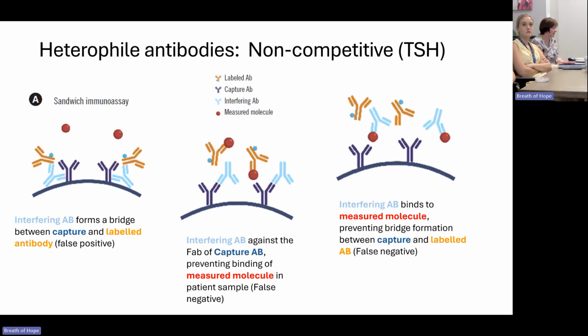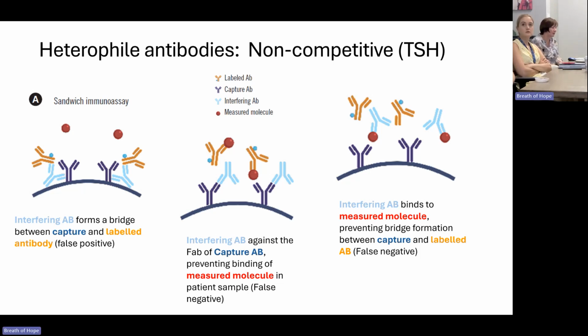Looking at our sandwich assays or the non-competitive method, the way we measure TSH, there are three possible mechanisms. In the first place, the interfering antibody forms a bridge between the capture and the labeled antibody, and you will get a false positive result. In the second case, the interfering antibody, again the Fab part, binds the capture antibody and will prevent binding of the measured molecule in the patient's sample, and it will give you a false negative result.